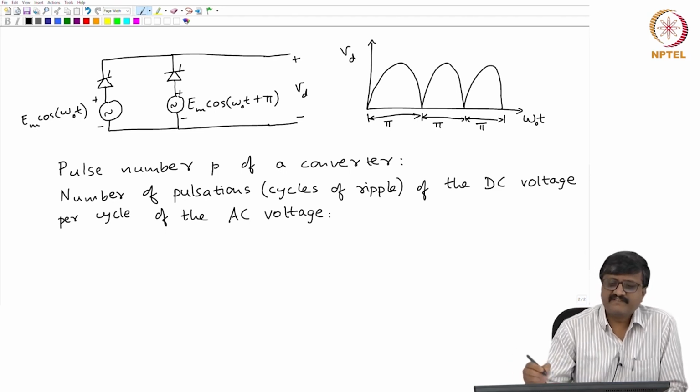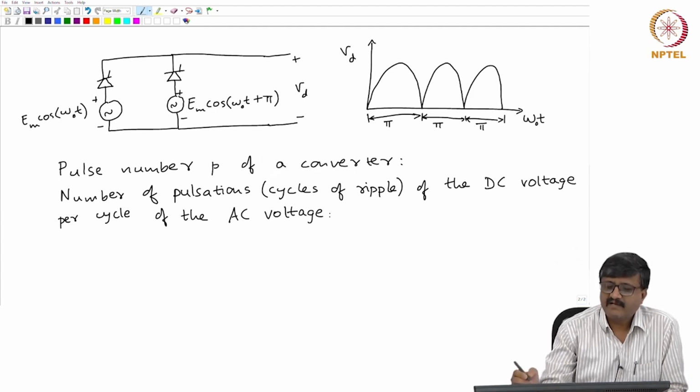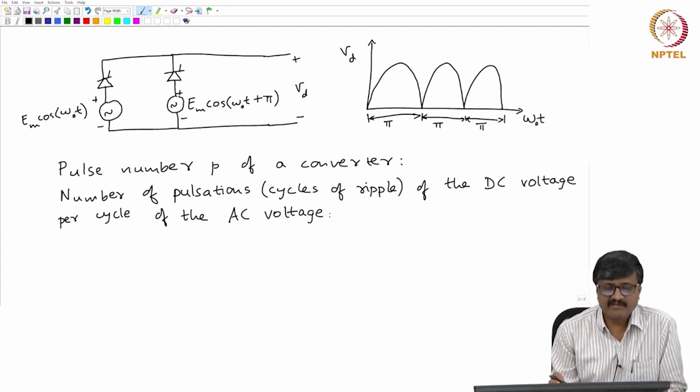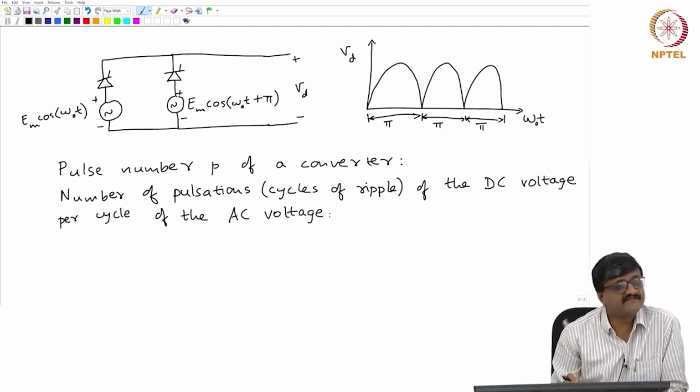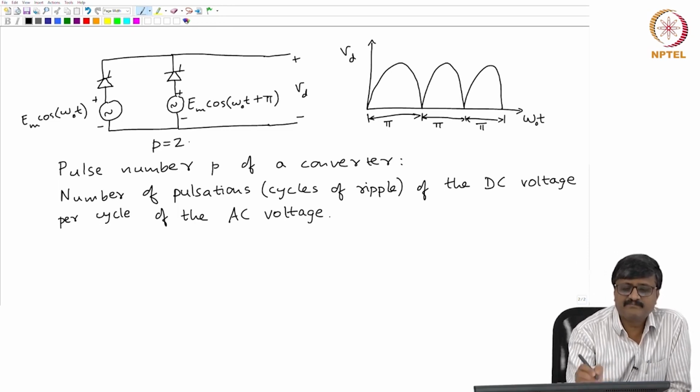So, we see that in this case the pulse number happens to be 2, because if you look at one cycle of the AC voltage, there are 2 pulsations of the DC voltage. So, this corresponds to P equal to 2.